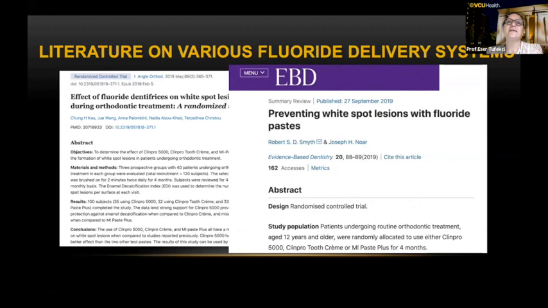So at least what I gathered from these is that yes, there is at least some evidence with the use of mouth rinse, with the use of gel, with the use of varnish. So there is some evidence, and I think it is better than doing nothing, but there is not that strong evidence that we're desperately looking for.